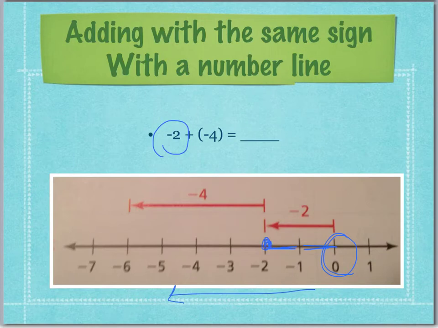Now we're going to add -4. Again, it's negative, so we're going to go left again, but now 4 spaces. So 1, 2, 3, 4, and I arrive at my answer, which is -6.